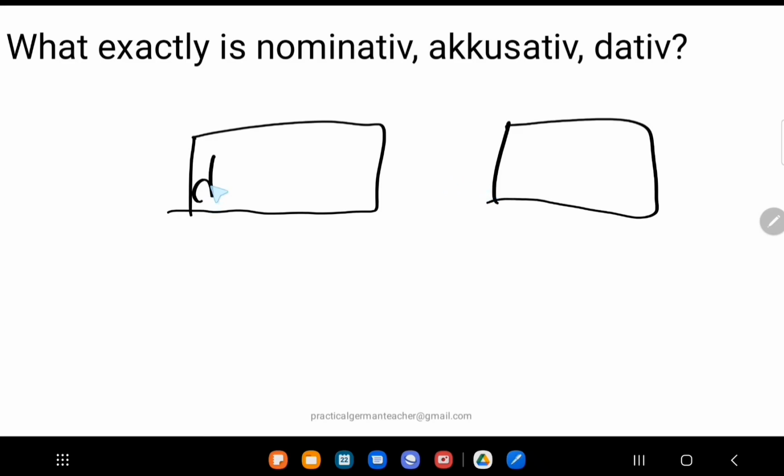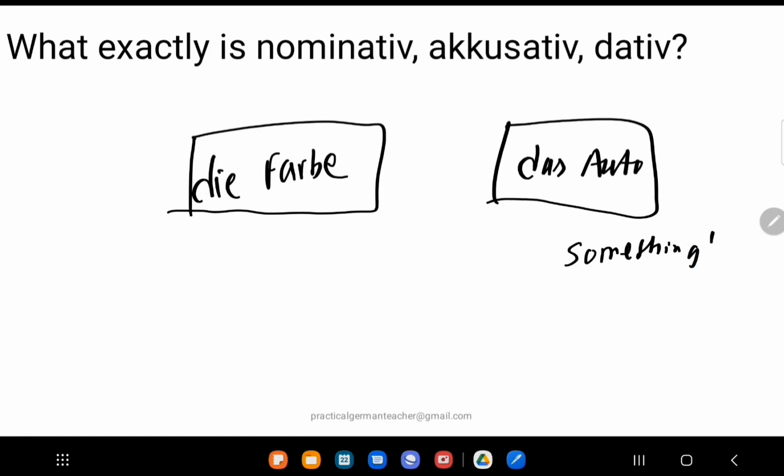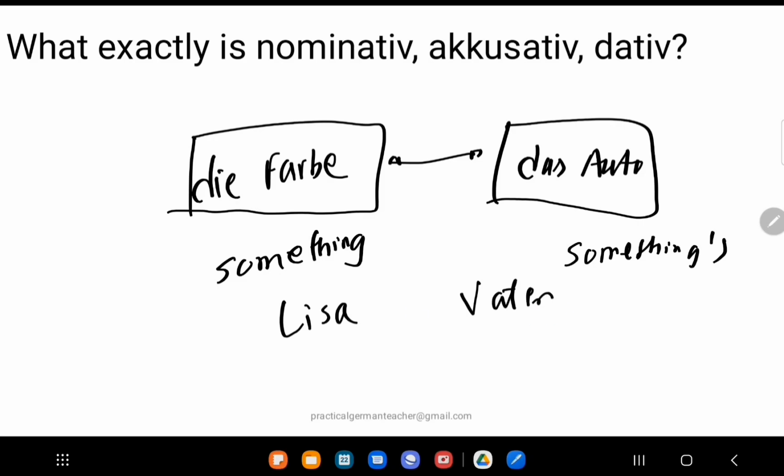For example, die Farbe, das Auto, the color of the car. What exactly do you have over here? You're describing a relationship. When it is, for example, Lisa and Vater, again you are describing a relationship.